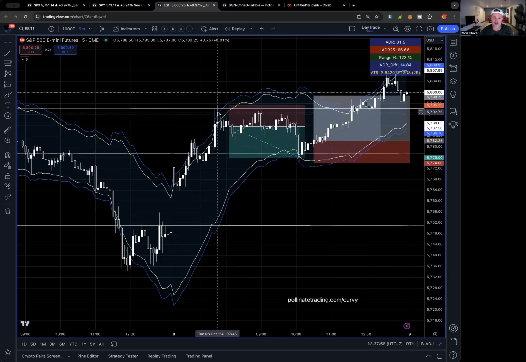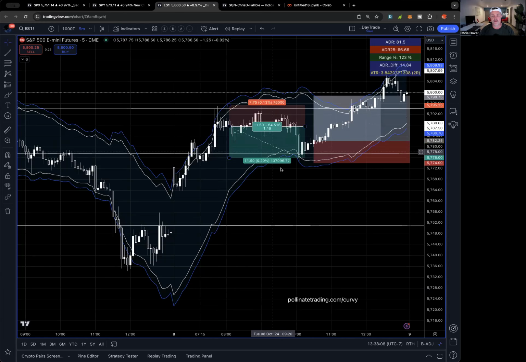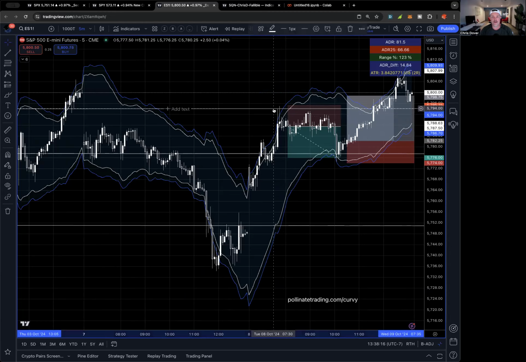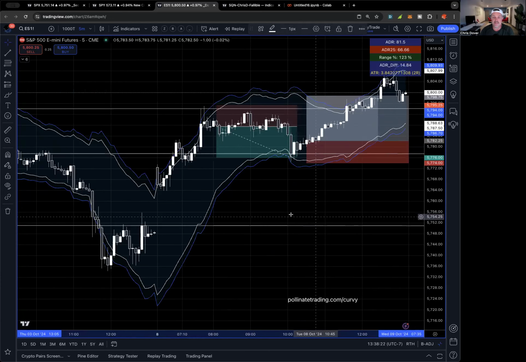And so at this point in time in the day, we were right around 100% of our average daily range. Think about this. That's looking back 25 days. So in the last 25 days, we're at the average that we've been at, and we're at that top range of the volume profile.